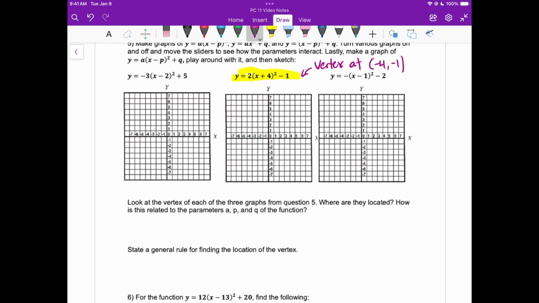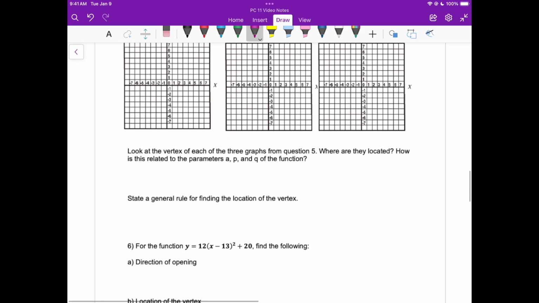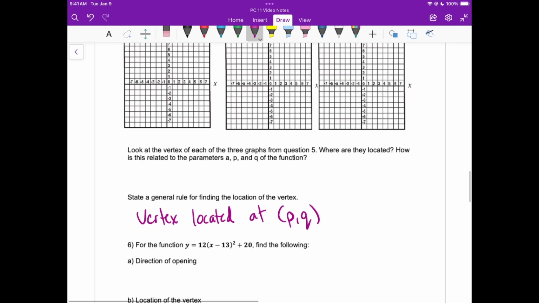And if you stop and look at your equation, pretty quickly you'll start to realize that the vertex is located in a very specific spot. It's at p, q. So your p value and your q value. And that's it.